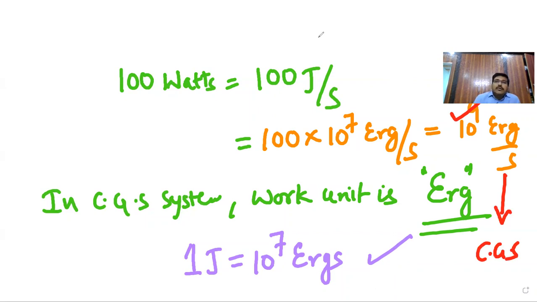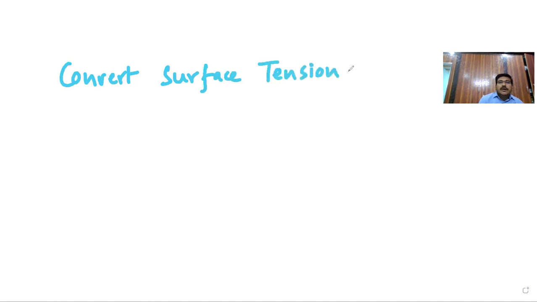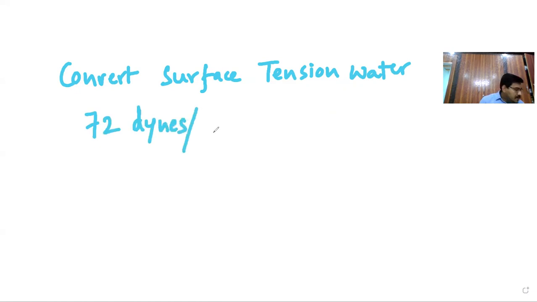Okay. Now, let us see another problem. Convert the surface tension of water, 72 dynes per centimeter, into the SI system.